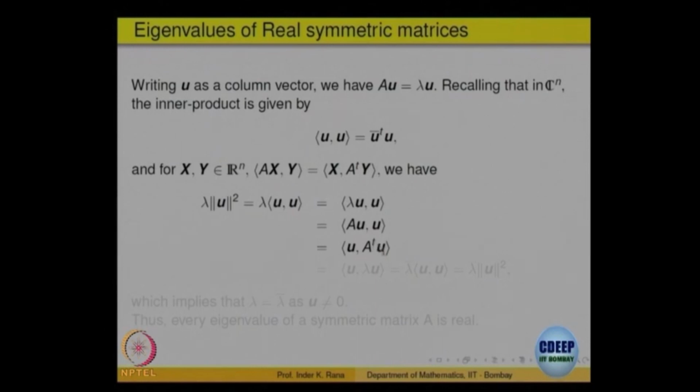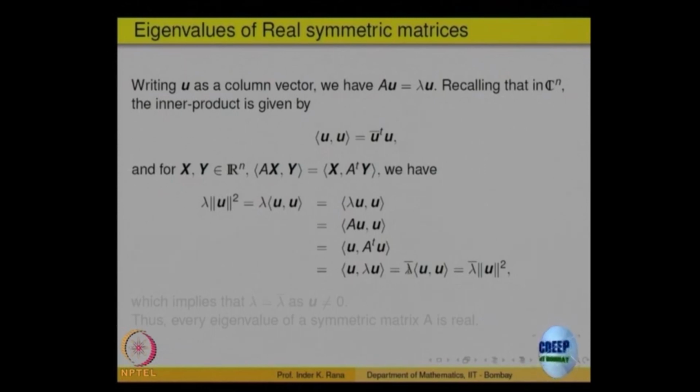But what is A transpose u? A is symmetric. Keep in mind, till now we have not used the fact that A is symmetric. So, what is A transpose? That is A itself. So, what is this term? This is again lambda u, right. But in the dot product, when this lambda comes out from the second component, it comes out as lambda bar.